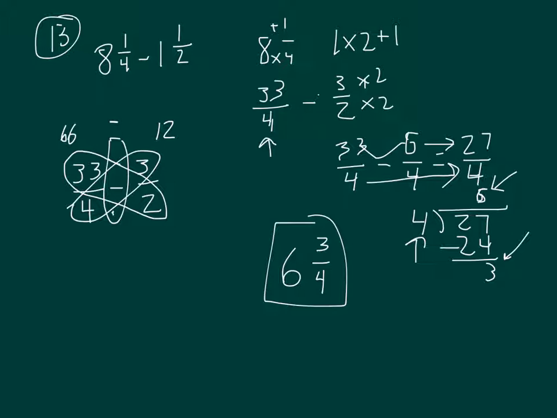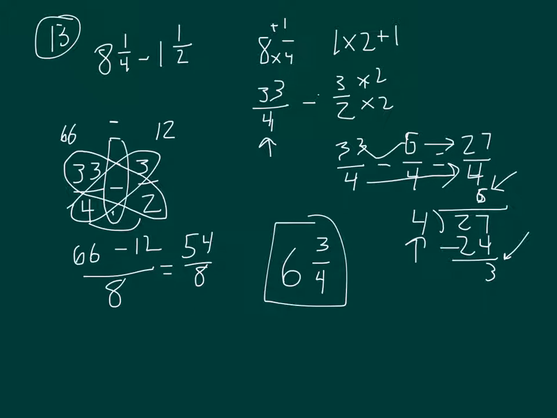All right. Now, this is going to become 66 minus 12 over the 4 times the 2, which is the 8. 66 minus 12 is 54 over 8.